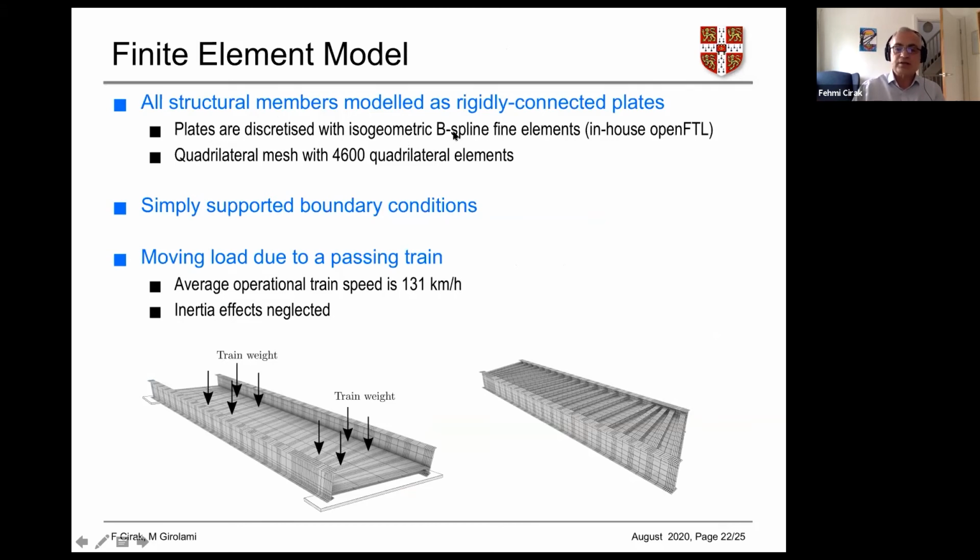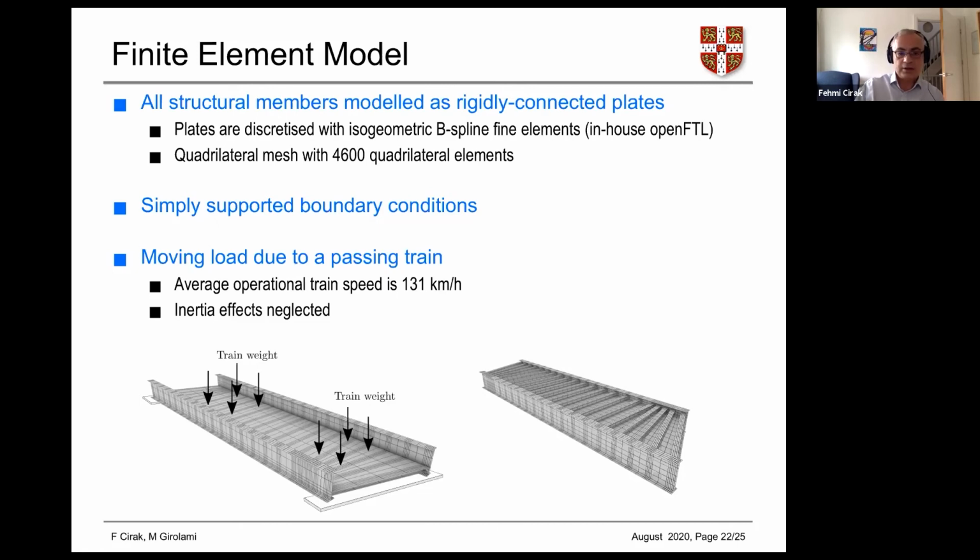This is something which we developed, but you could of course also use commercial software here. Our mesh consists of 4,600 quadrilateral elements. Boundary conditions are simply supported, and we have moving loads due to a passing train. The train speeds are around 130 kilometers per hour.